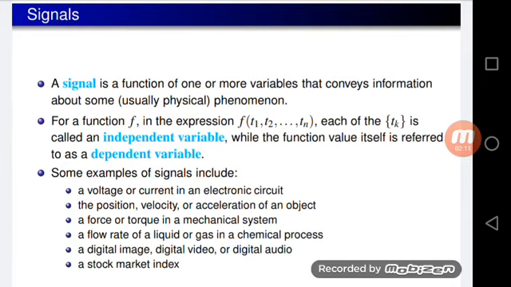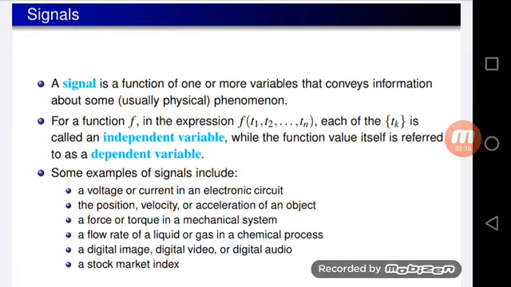For example, when I apply input x and get output y on the output side, the output variables depend on the input variables. Those are called dependent variables.